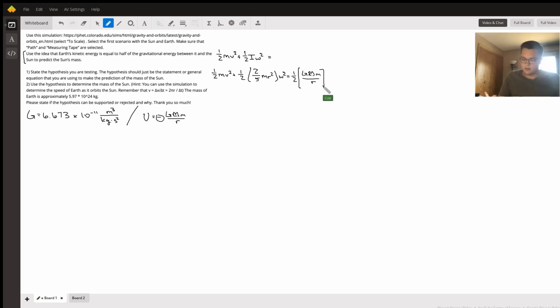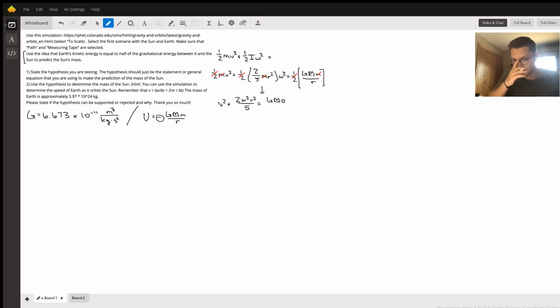Okay. So one thing that we can notice here that's quite nice for us is these 1/2 factors cancel, and these m's also cancel. So this simplifies down to v squared plus 2 omega squared r squared over 5 is equal to G big M, which is really the mass of the sun.